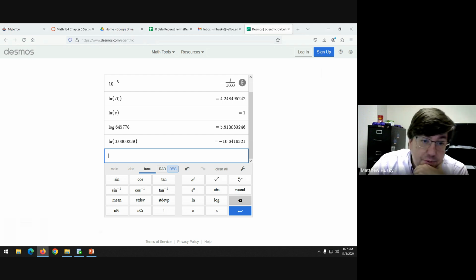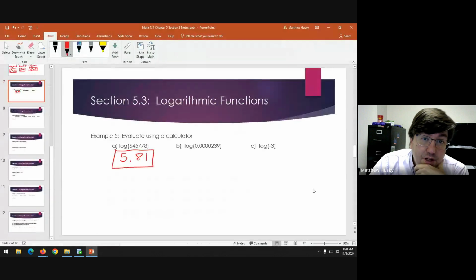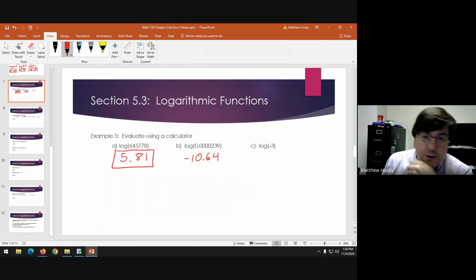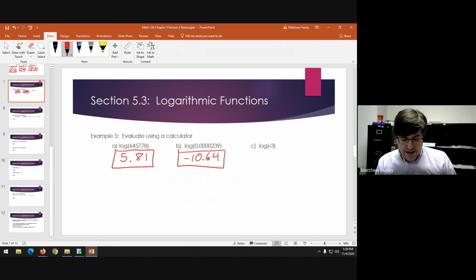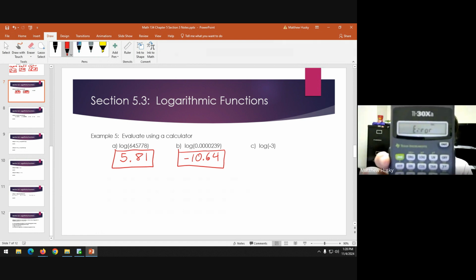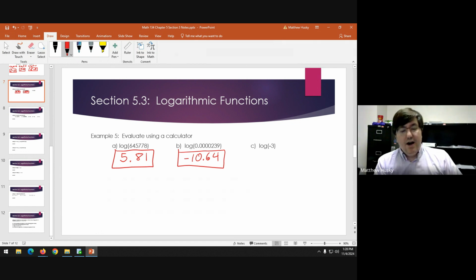So that's what that will be equivalent to for this one. If you try to do negative 3, it's going to give you an error message. If I try to do log of negative 3 on this calculator, it says error. So fun fact, that is undefined.